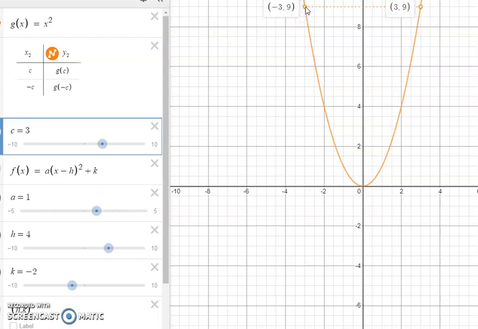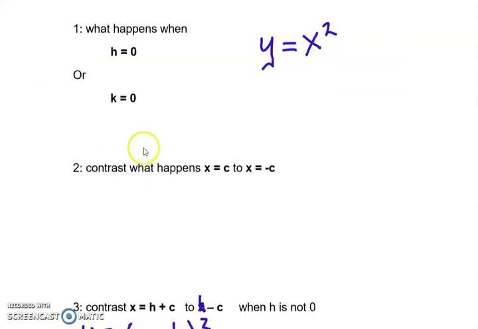The negative values have to look the same as the positive values in terms of the y value they're generating. So our reasoning tells us that we can contrast a negative c to a positive c by recognizing that they will give the same value. That gives us our symmetry.